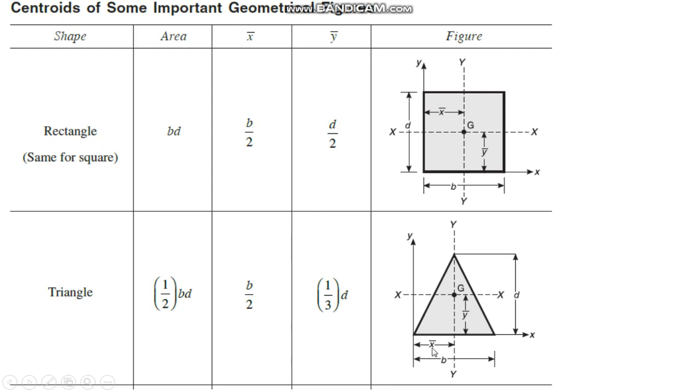So x bar will be half of its breadth, that is b by 2, and y bar will be 1/3 of d from the base, but if you take it from the top, it will be 2/3 of d. So from here 1/3 of d, from here 2/3 of d.